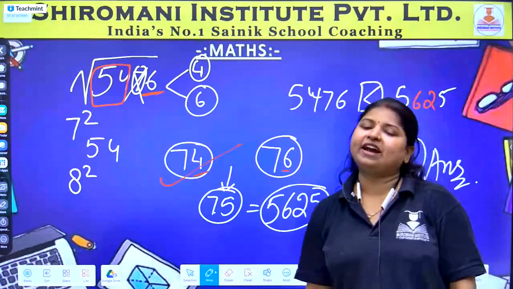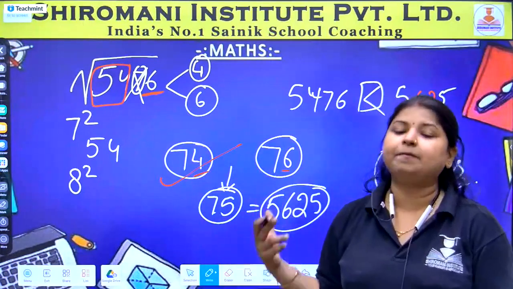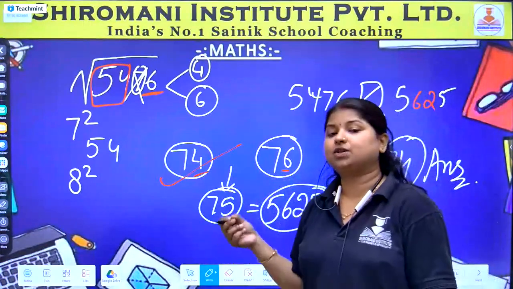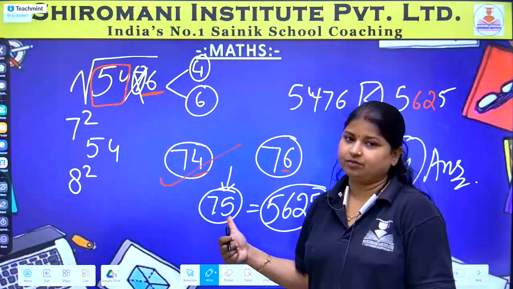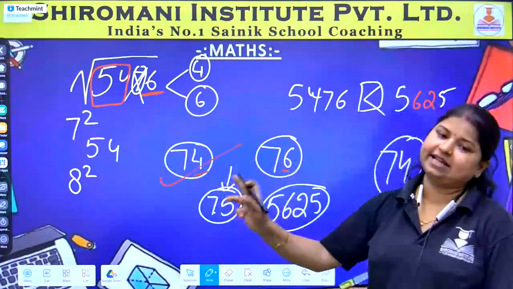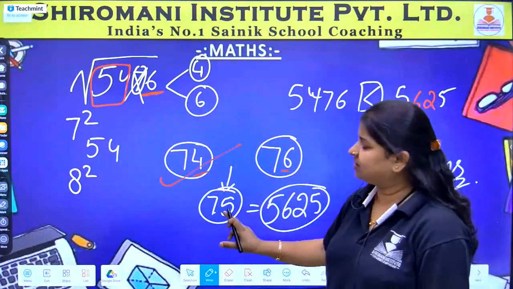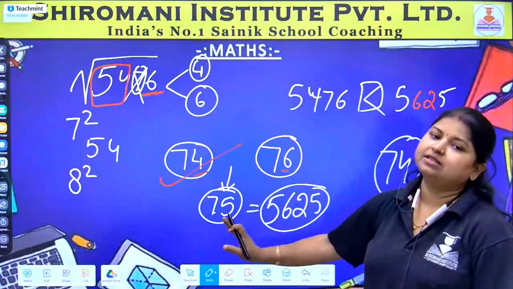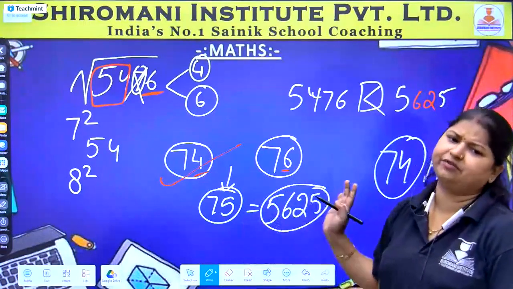Now in order to find quickly whether 74 or 76 is my answer, I have to calculate the square of the number that ends with 5, in that line, in this 10th series. So if it is in the line of 70s, I will find the square of 75. 75 ka square: 5 into 5, 25, 7 into 8, 56.